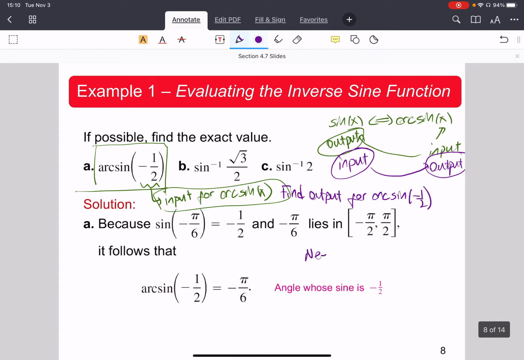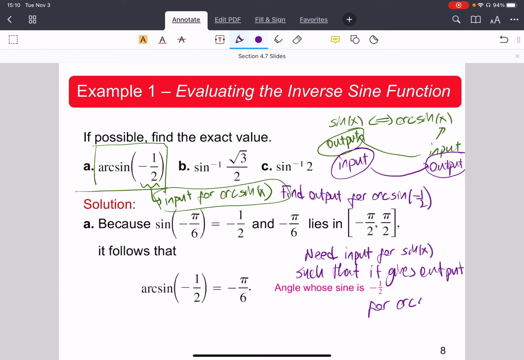So let me write it here. We need an input for sine such that it gives the output for arc sine, because of that relationship. The way we find that is we think about it.